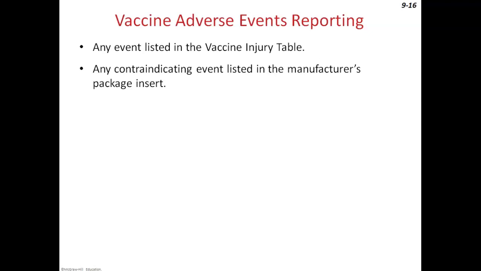These adverse effects are usually things like anaphylactic shock, encephalitis, seizures, illness, disability, or injury. They're usually more serious adverse events. It's not things like a rash or a fever. And any contraindicating event listed in the manufacturer's package inserts.